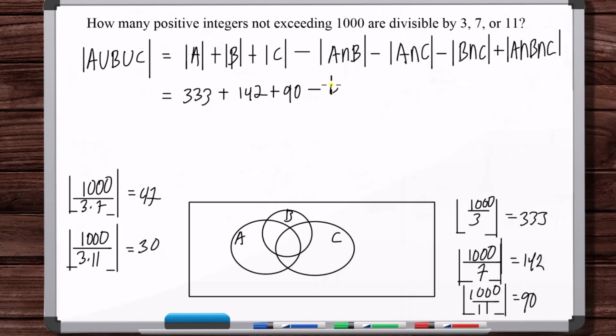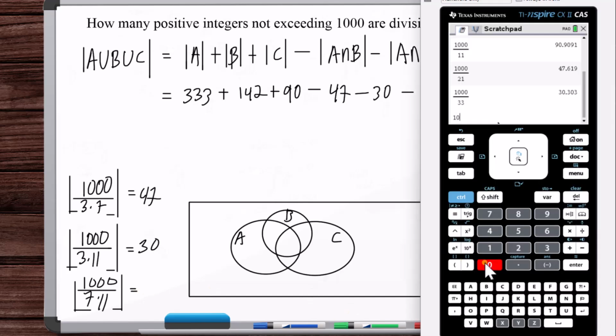So minus 47 minus 30 minus, and then 1,000 divided by 7 times 11 is 12. Okay.